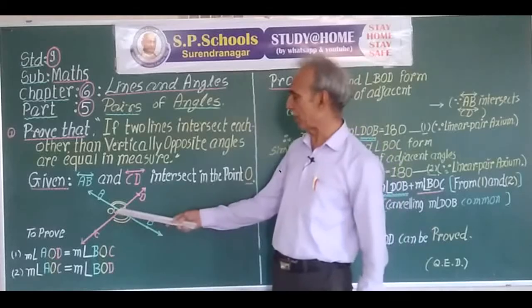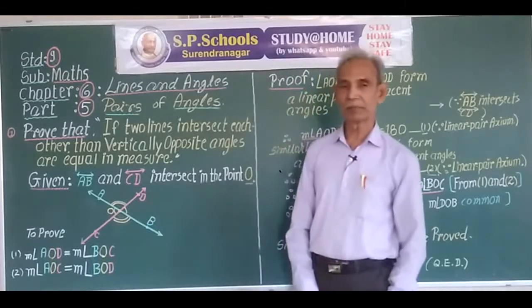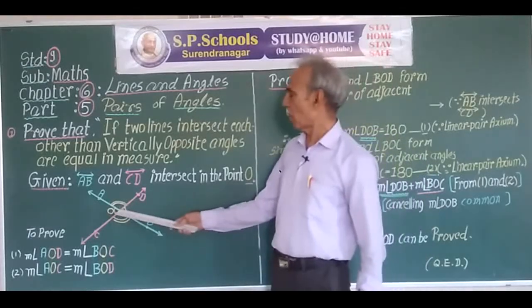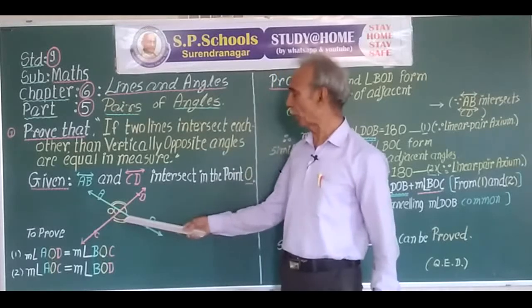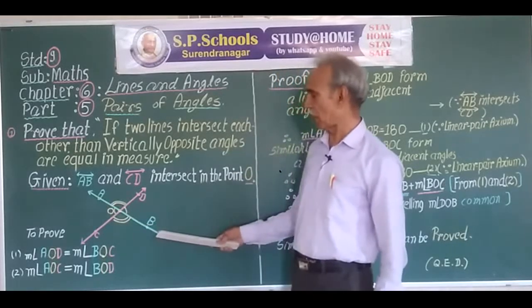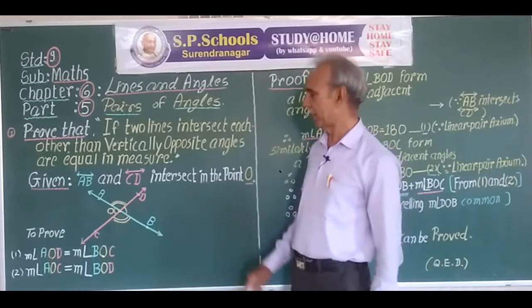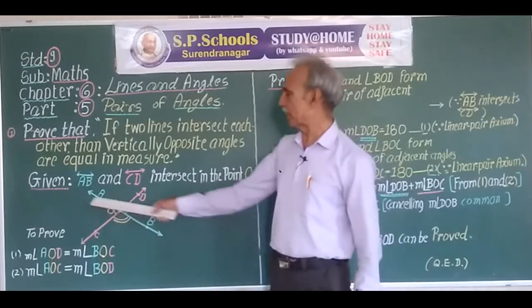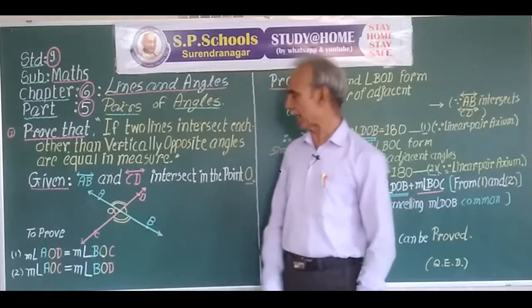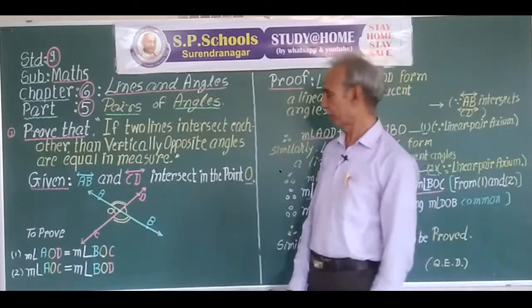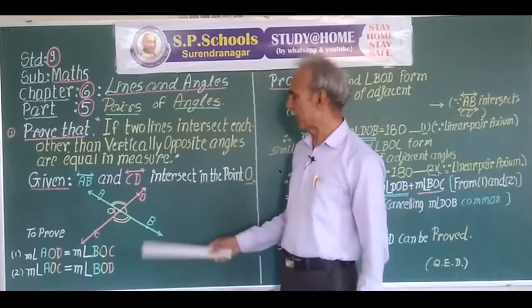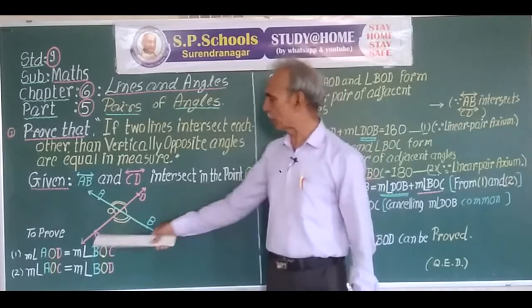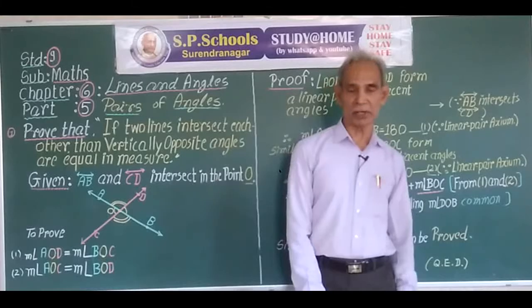They have only the vertex in common. One ray makes an opposite ray to the other ray of the angle, as these two, AB and CD, are straight lines. So angle AOD and angle BOC are the same in measure.